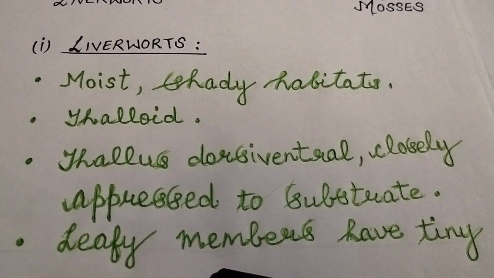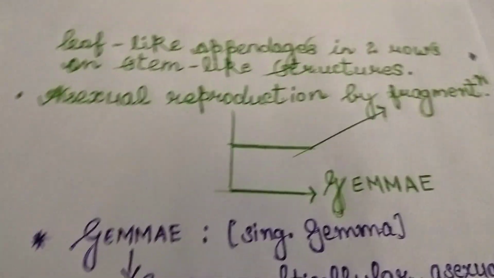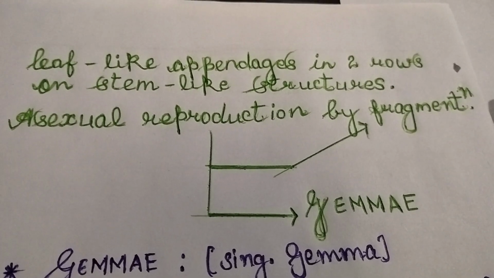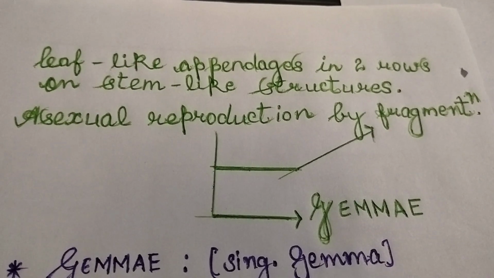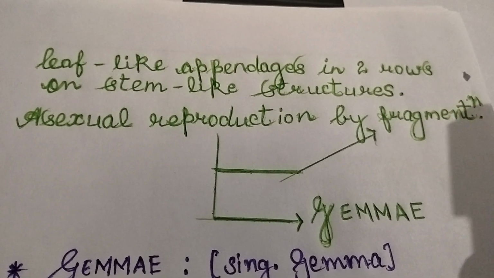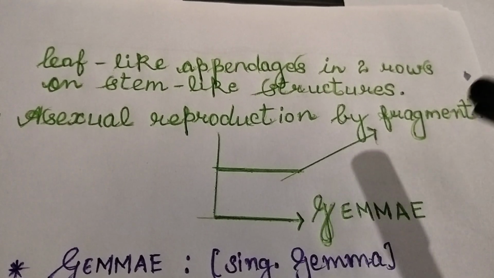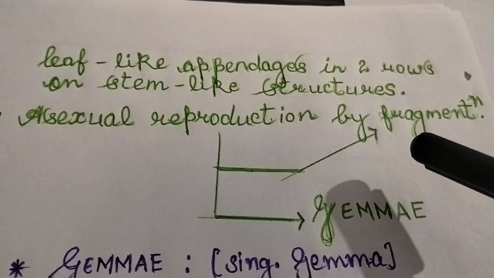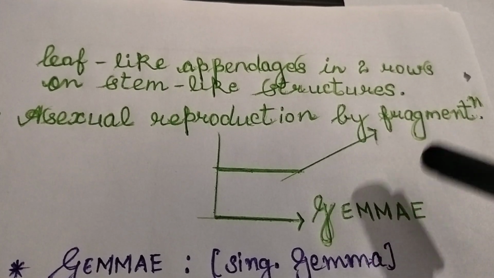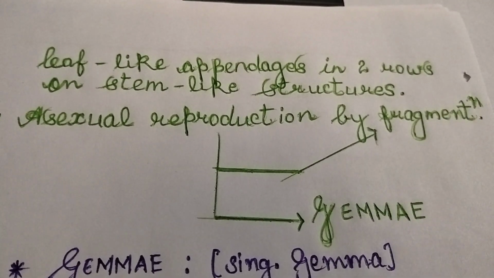Now the leafy members of liverworts have tiny leaf-like appendages arranged in two rows on a stem-like structure. We have studied that the plant body is thalloid, true root, stem, leaves are absent, but bryophytes show somewhat of a differentiation and they bear root-like, leaf-like and stem-like structures.